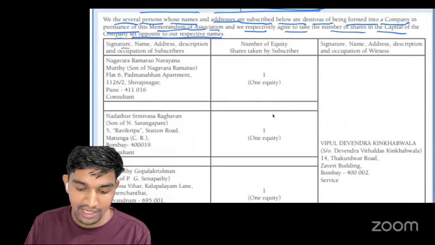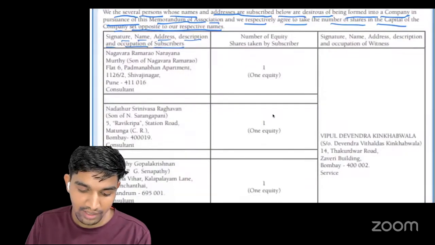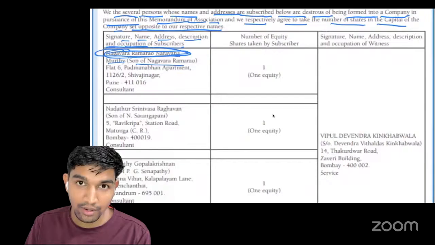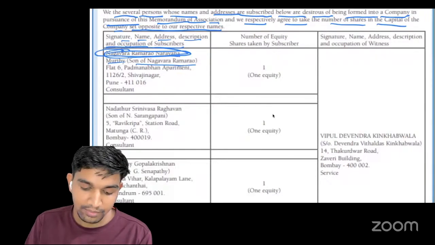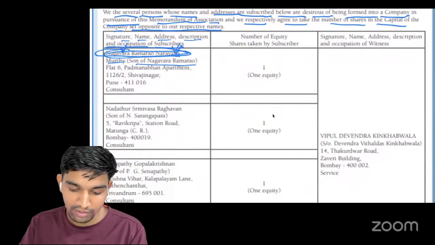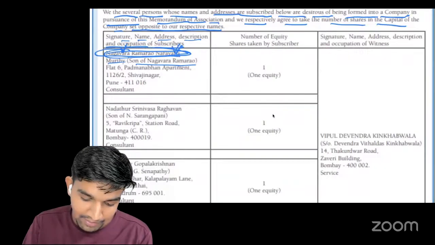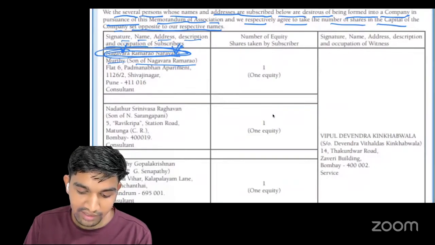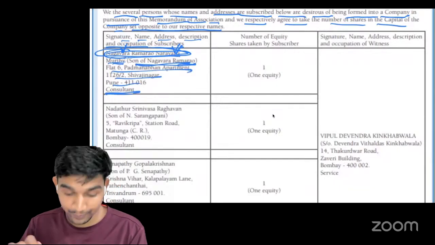Here: signature, name, address, description, and occupation of subscriber. This is Narayana Nagavara Ramarao Narayana Murthy, the son of Nagavara Ramarao. So here they have mentioned the first name and family name, Narayana and Murthy. Then father's name or mother's name, address, description, and occupation.